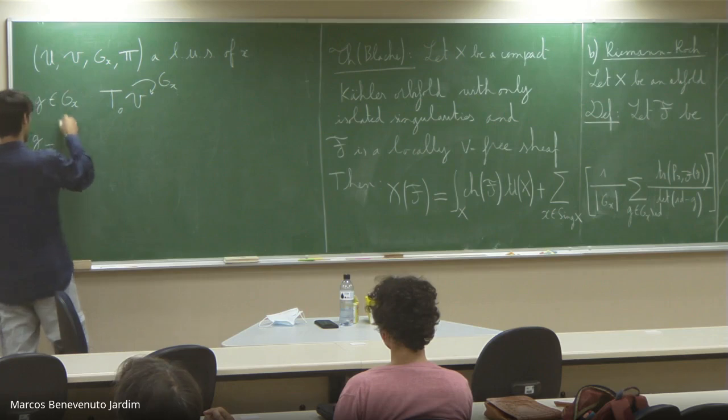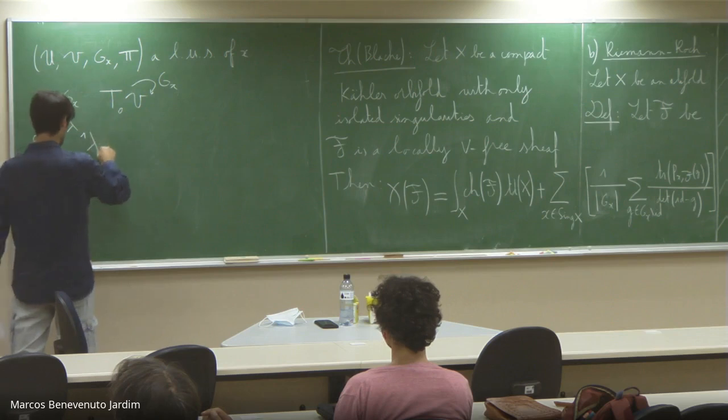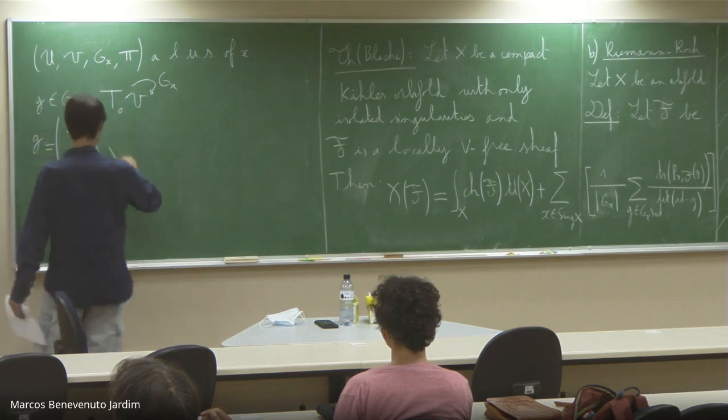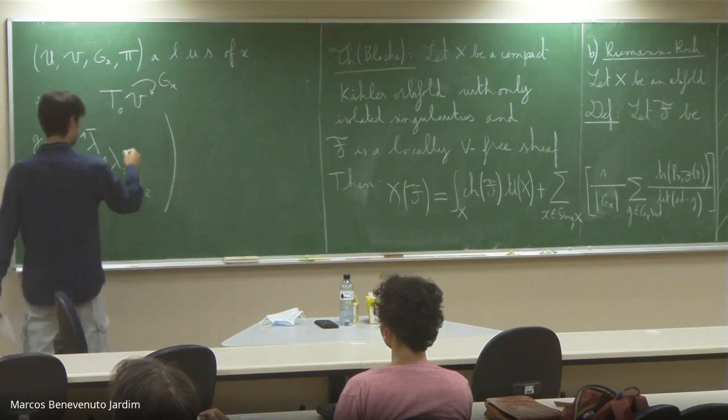And actually it's symplectic, so I can see it as a symplectic matrix, so in a good basis, we have just these eigenvalues. And we are in dimension 4 in what we want to do.